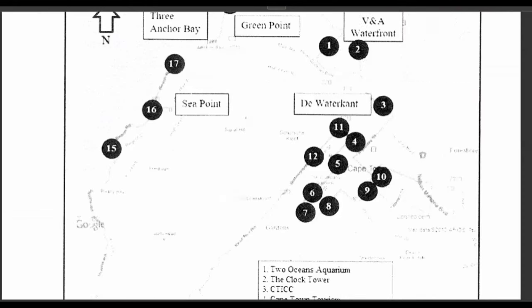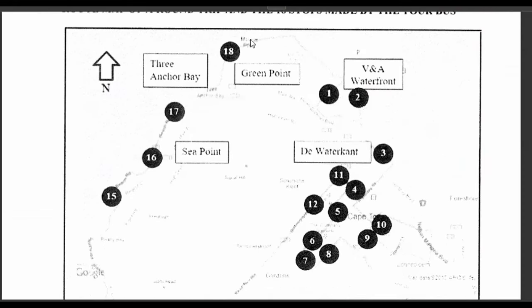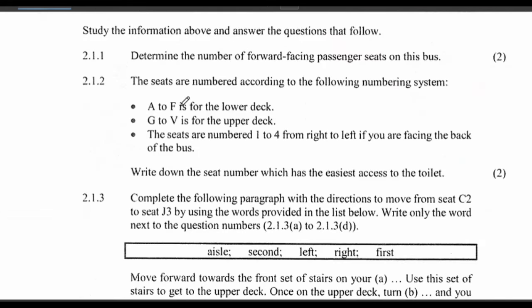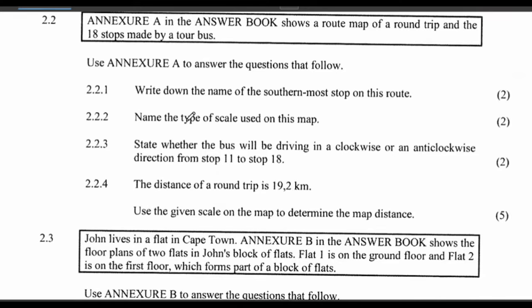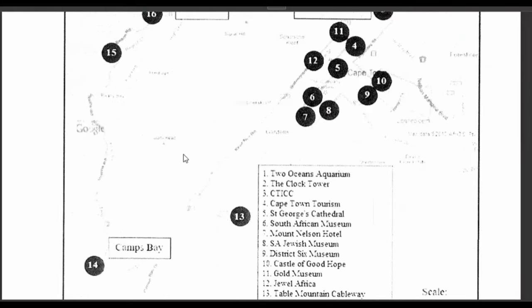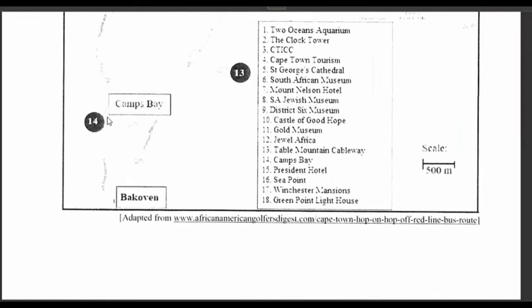2.2.2, you look at the next one. It wants us to write down the name of the southernmost stop on the route. You look at it, we have Camps Bay and Bachhoven.